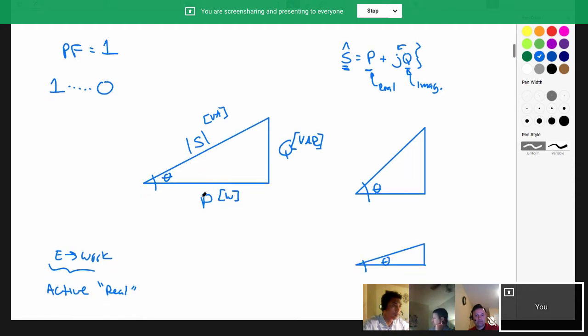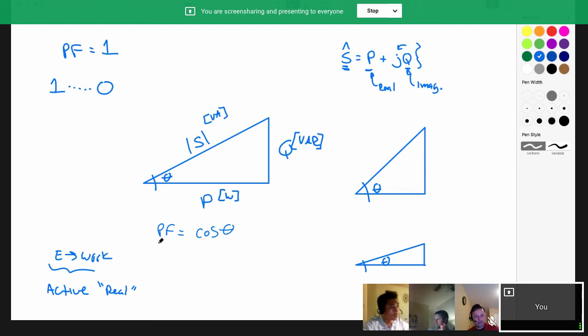Cosine theta. Cosine theta, perfect. So one way is power factor equals cosine theta. Is there a second way we can solve for power factor?